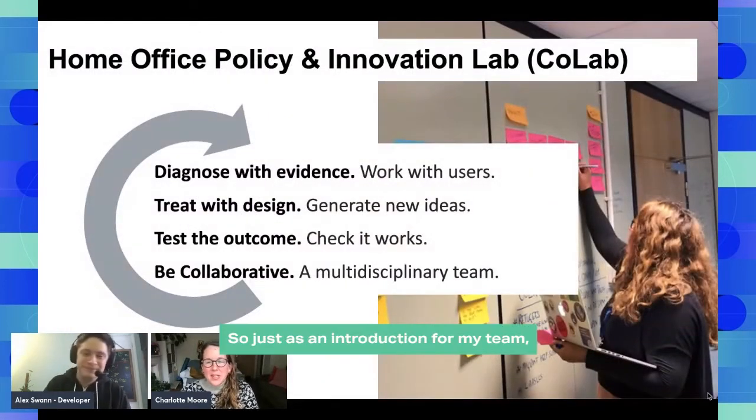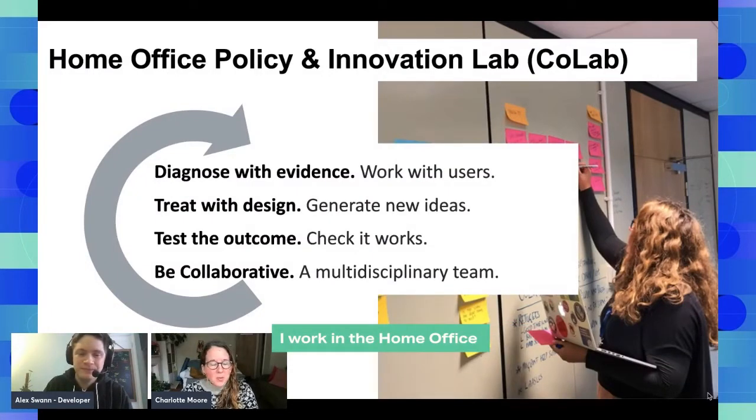Thank you. So just as an introduction for my team, I work in the Home Office Policy and Innovation team, and we are a multidisciplinary group of people. We are technologists, service designers, and user researchers, and we work very closely with policy teams to identify problem areas.